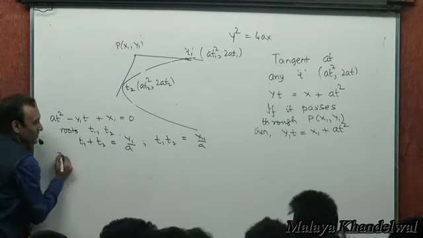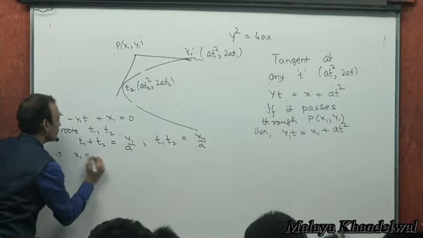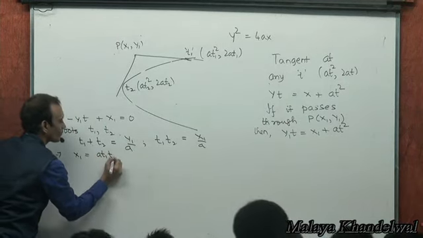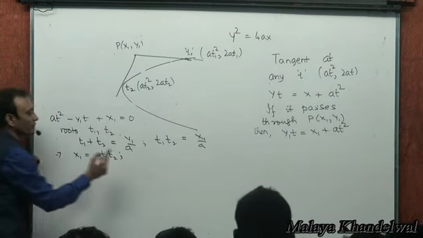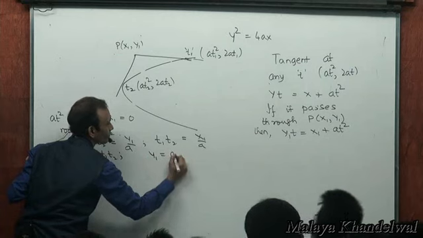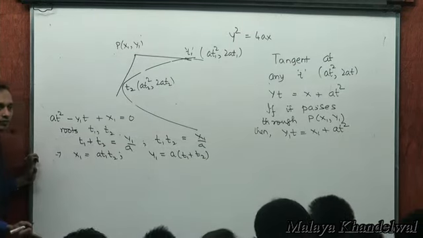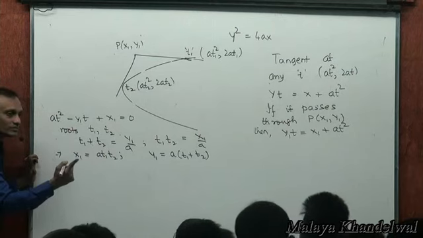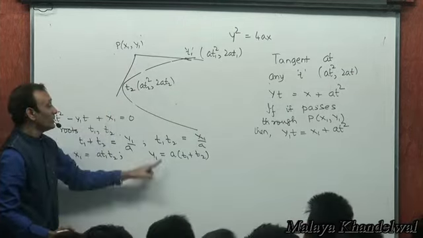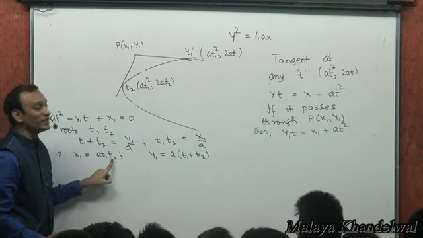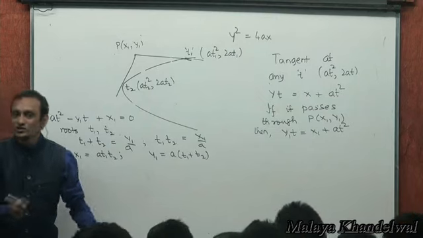Hey, this gives me x1 equal to a t1 t2 and y1 equal to a into t1 plus t2. Yes or no? That means if I draw a tangent at t1, I draw a tangent at t2, then the tangents intersect at a t1 t2 comma a t1 plus t2. Very useful result.